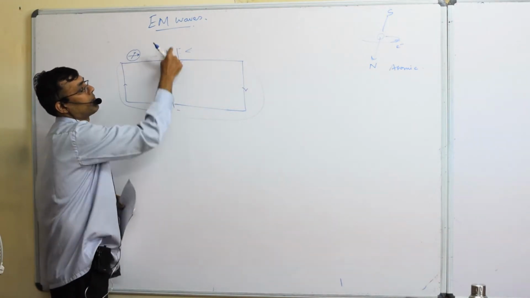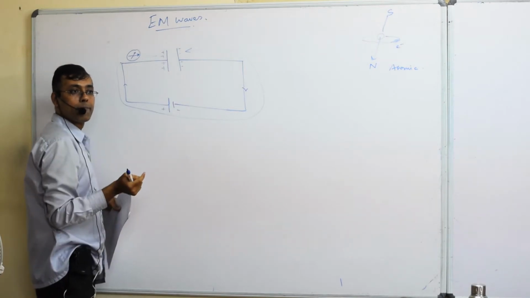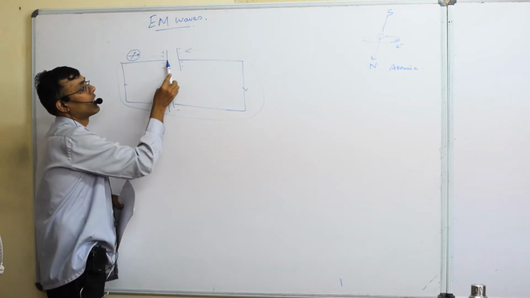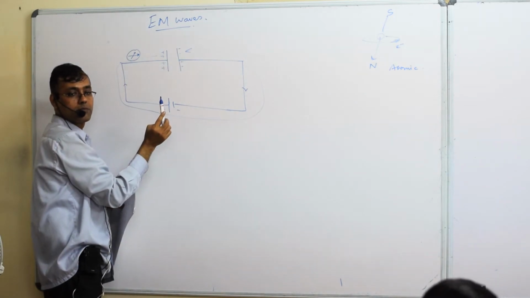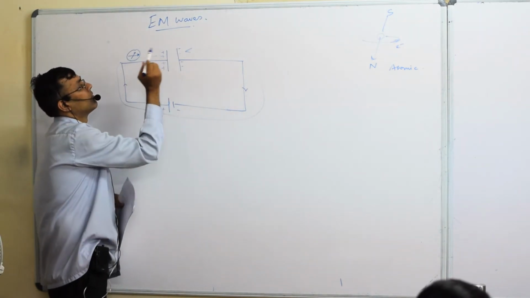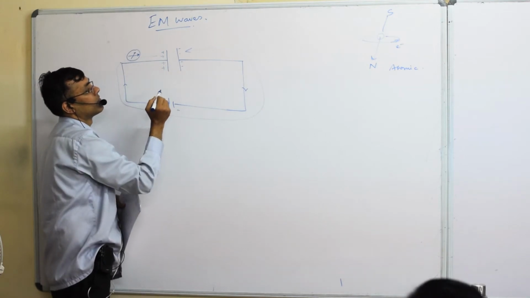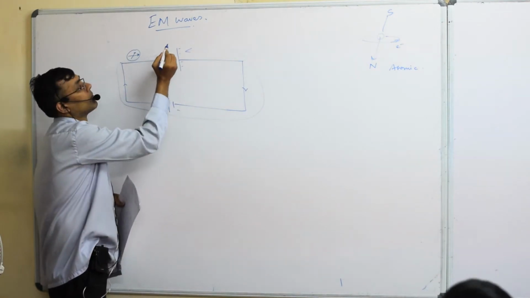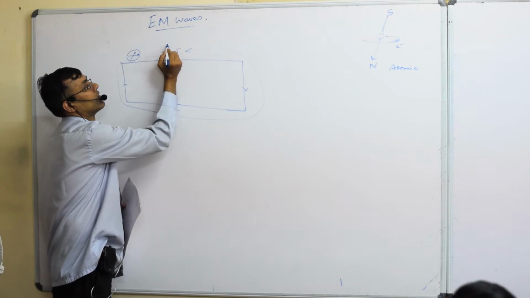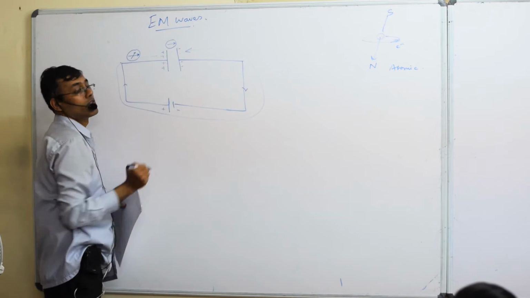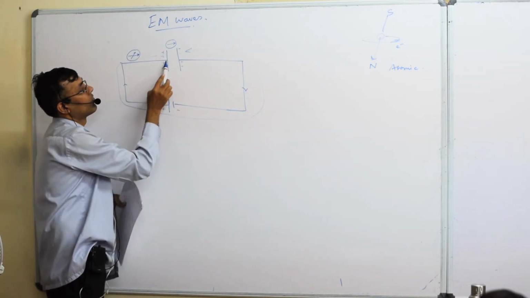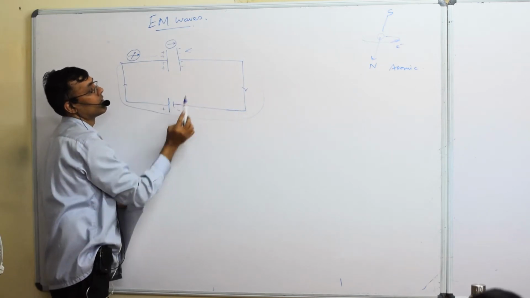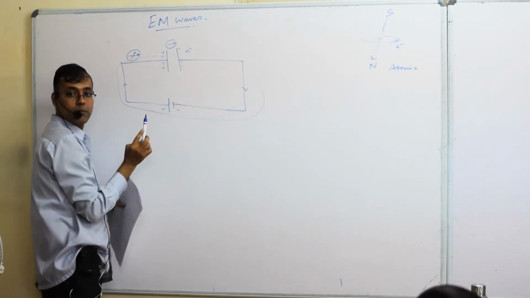But is there anything happening in the center? Nothing, right? So there is no direct flow of current through this one. However, suppose they kept a small magnetic compass near the capacitor. We know that current is flowing here and here, but there is no current flow here.